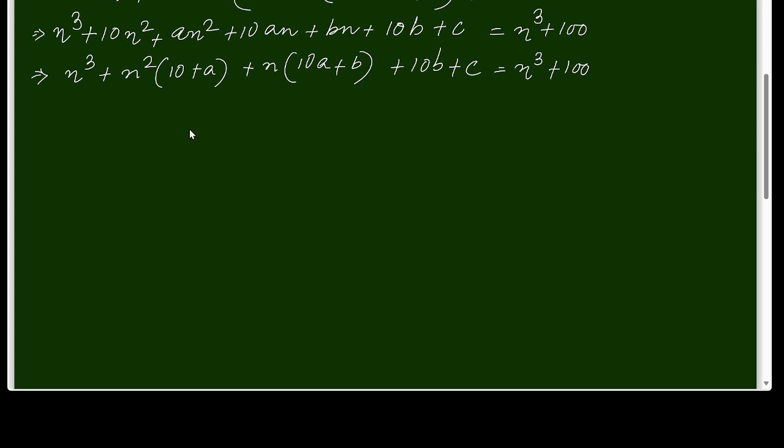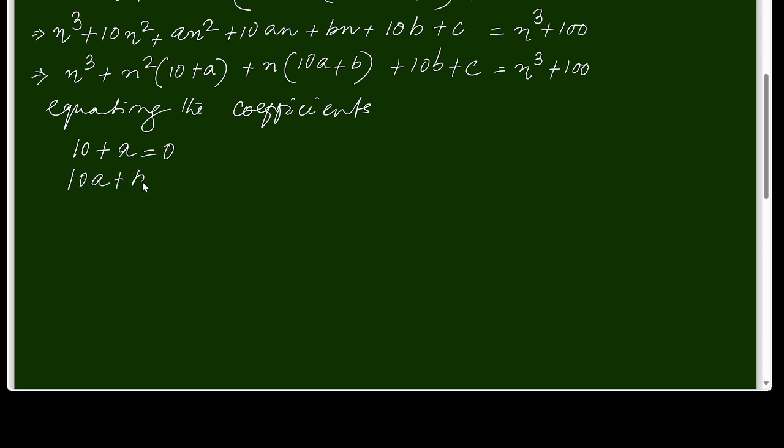Now equating the coefficients, the n square term is not there on the right hand side. That means 10 plus a equals 0. Second, there is no n term, that means 10 times a plus b is 0, and 10b plus c equals 100.